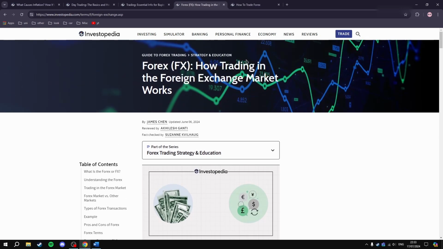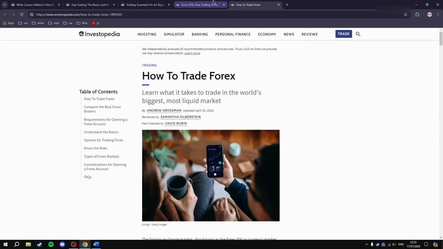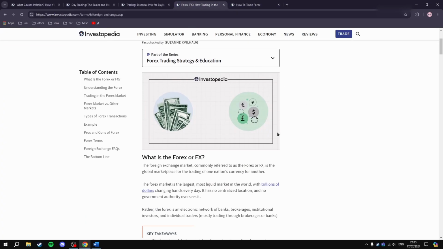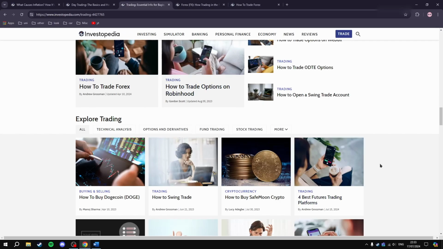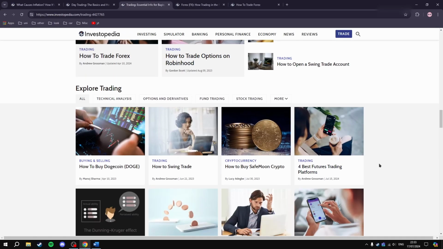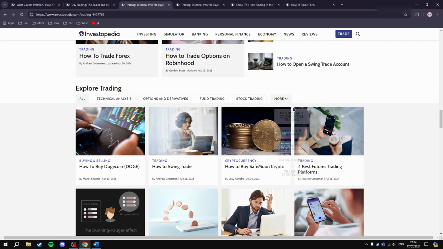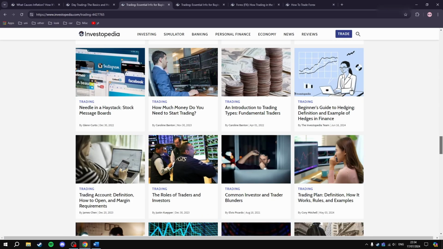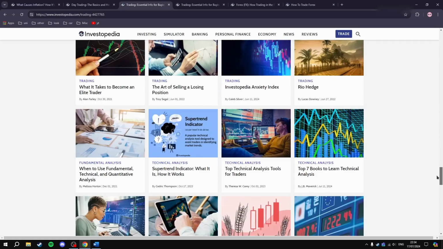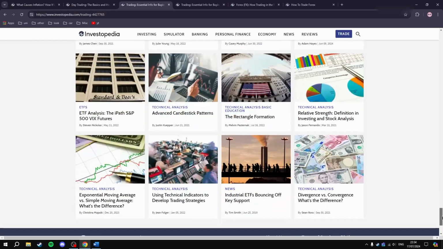Forex, how trading foreign exchange market works. No, these are two different things. So is that like an official guide to forex trading? Oh my, there's a lot of stuff to go through.